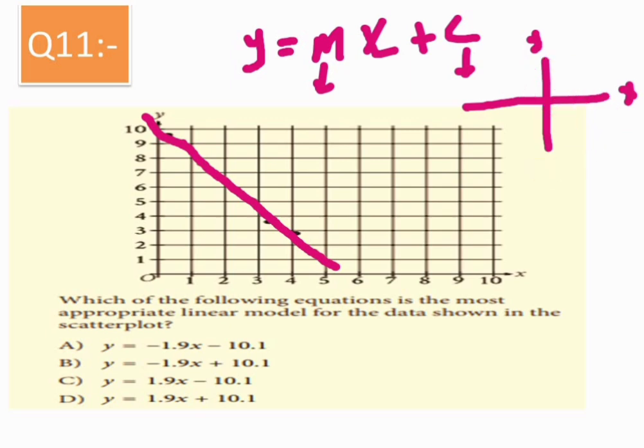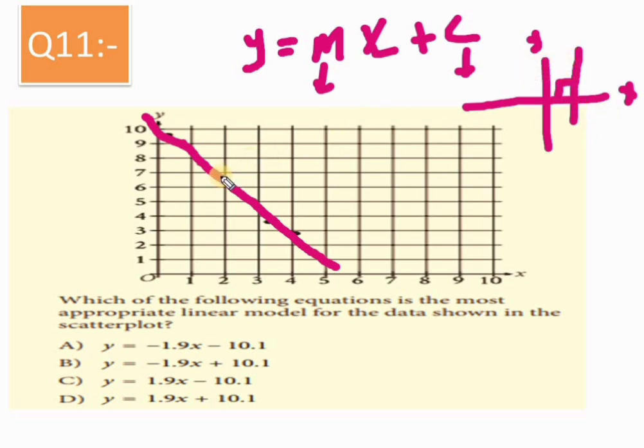If the line is parallel to the x-axis, the slope equals 0. And if the line is perpendicular to the x-axis, the slope is undefined.